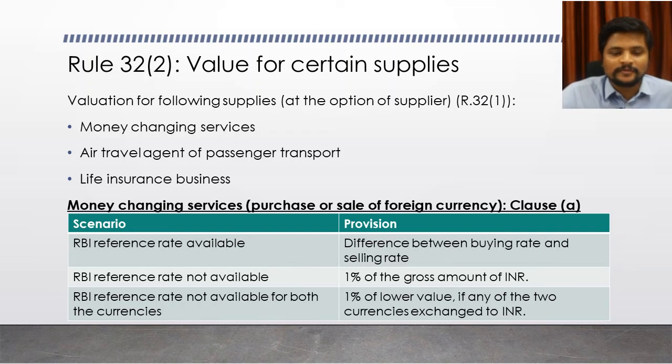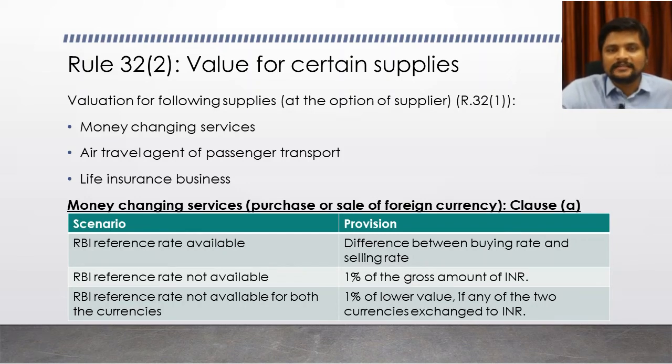What does this Rule 32 say? First type of service, money changing service, which is nothing but purchase or sale of a foreign currency. Clause A says what? Scenario 1: there are different scenarios, and based on the particular scenario you have to apply the relevant provisions. First, for the sale or purchase of foreign currency, there is an RBI reference rate available for the particular foreign currency. In that case, the value will be nothing but the difference between the buying rate and the selling rate.